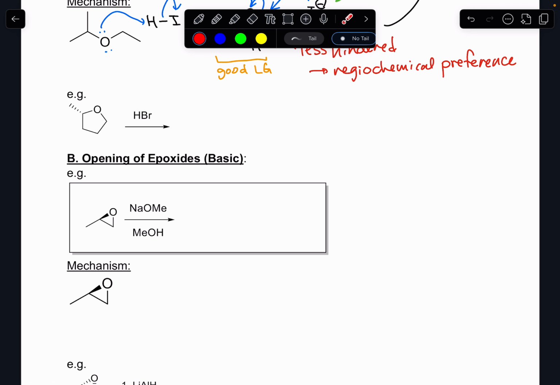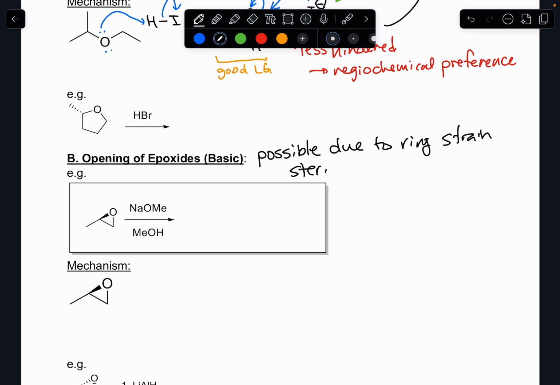The only reason the basic condition can open a three-membered ring or epoxide is because it's got ring strain, and the sterics decide the regiochemistry.